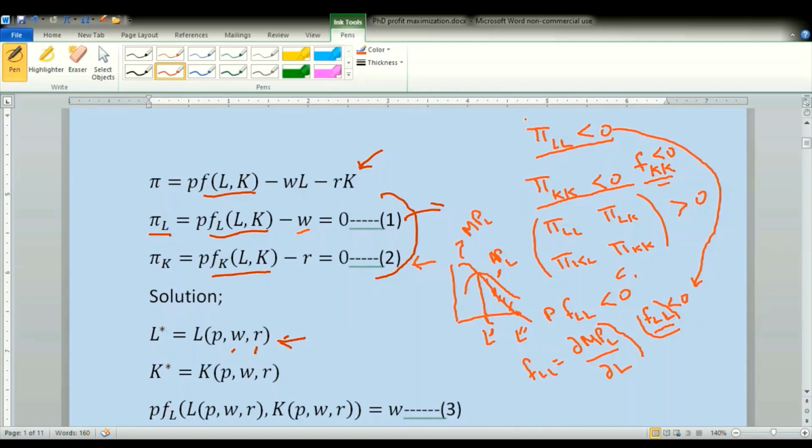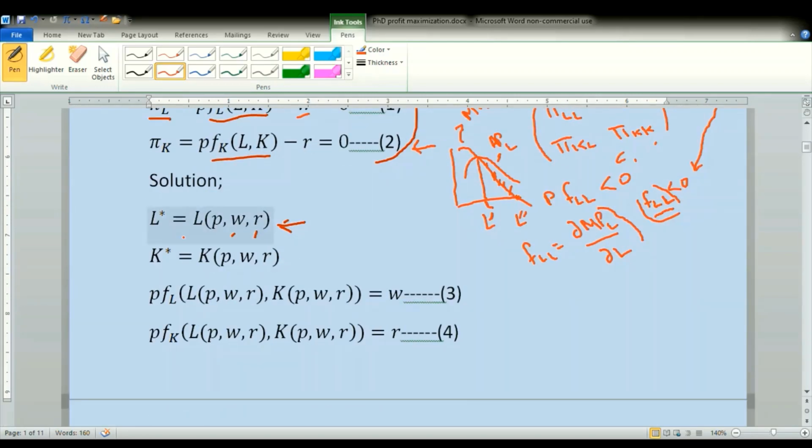So the first condition is that the marginal product of labor is falling, marginal product of capital is falling, and then we have this condition as well, which is like saying that this determinant is greater than 0.